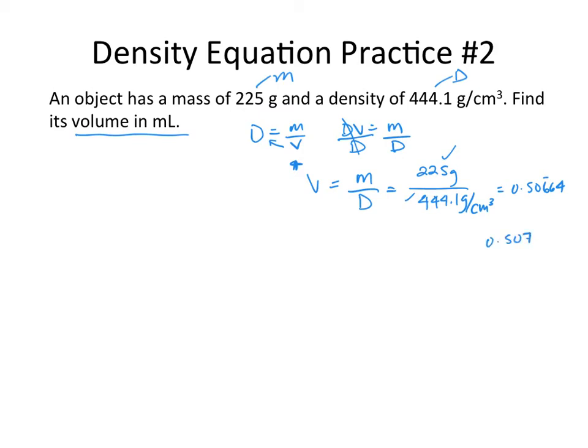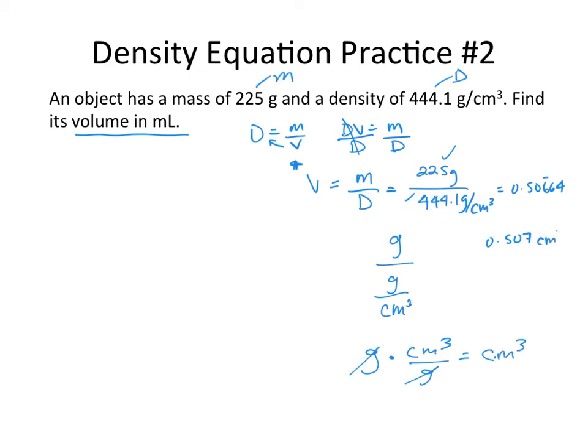And then when we look at our units here, we have grams divided by centimeters cubed. Dividing by a number or its units is the same as multiplying by its reciprocal. So that will actually be grams times centimeters cubed over grams. Grams and grams cancel. I end up with centimeters cubed.